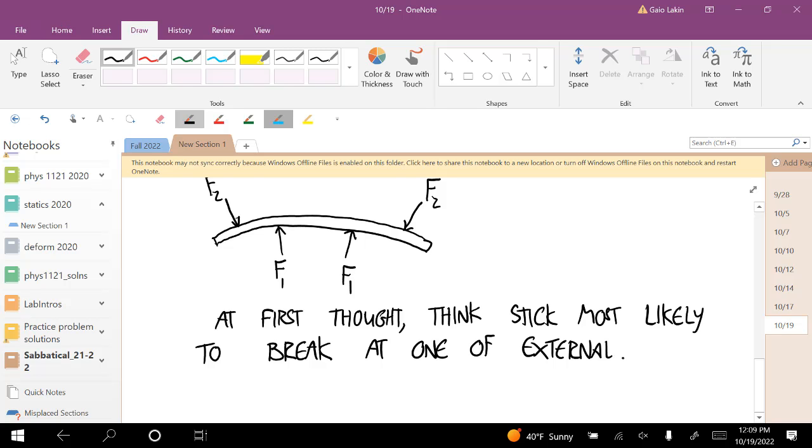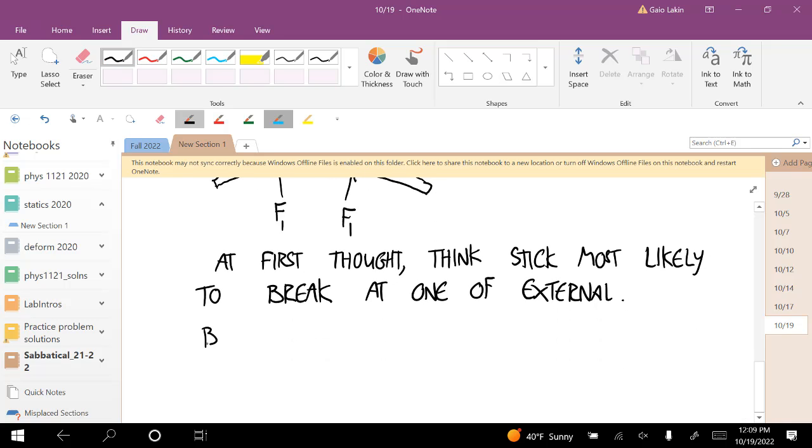But then, you know, you've done this with sticks and pencils and whatever, and that's not where it breaks. It'll actually break in between your two thumbs.